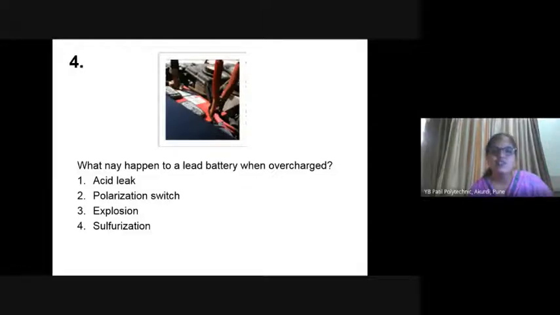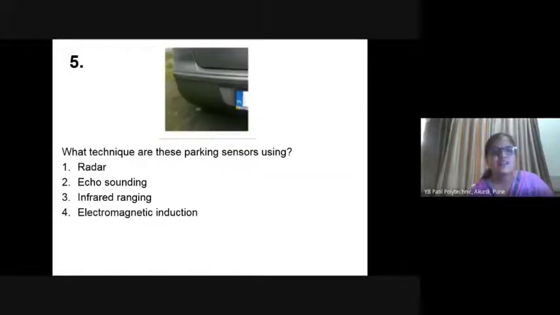Actually, these questions are based on physics, chemistry, and basic electronics. So try to answer this. Fifth question: what technique are these parking sensors using? First, radar.